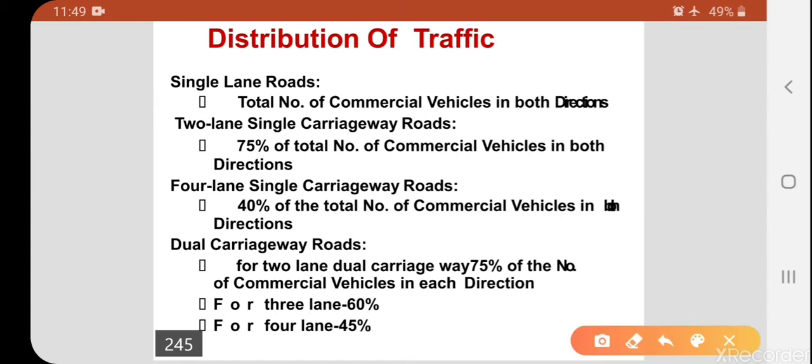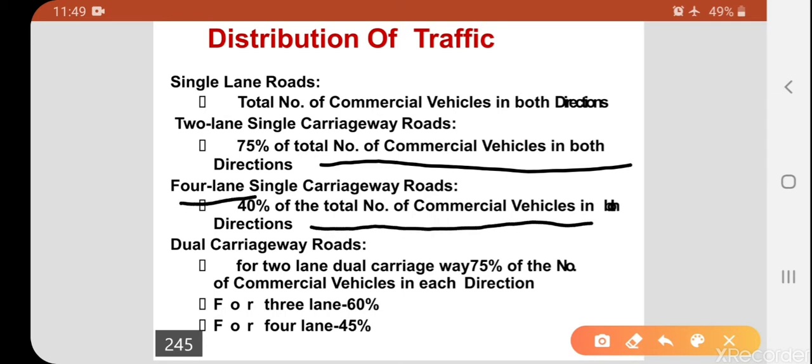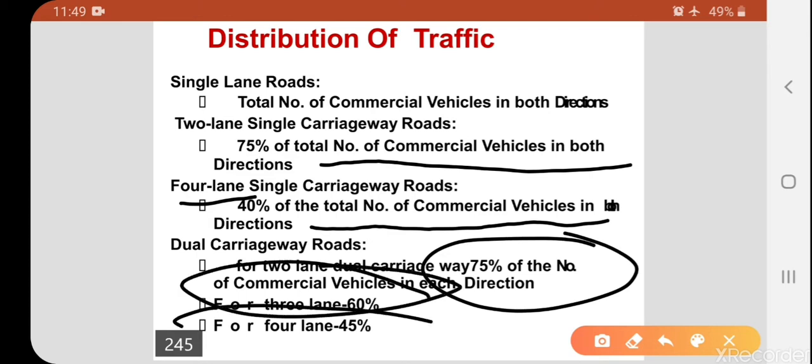For two lane single carriageway, 75% of the total number of commercial vehicles on both directions. If it is a 4 lane, 40% of the total number of commercial vehicles on both directions. For dual carriageway, for 2 lane dual carriageway, 75% of the number of commercial vehicles. For 3 lane, 60%. For 4 lane, 45%.